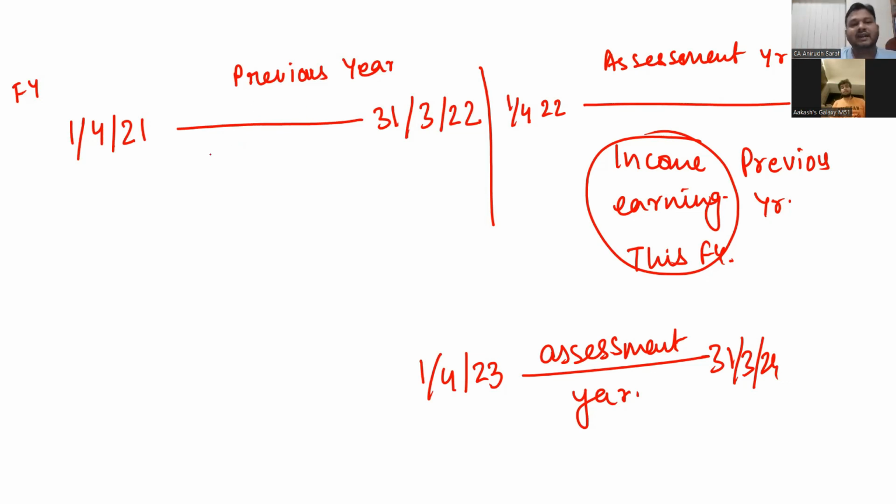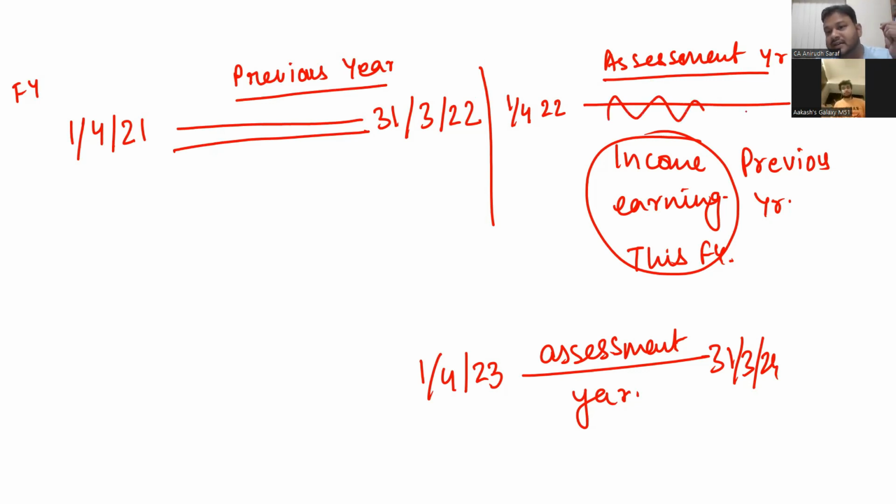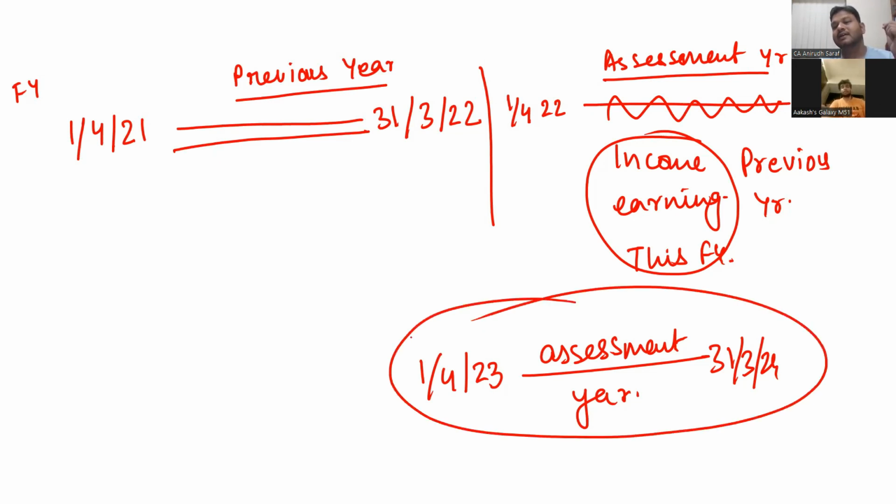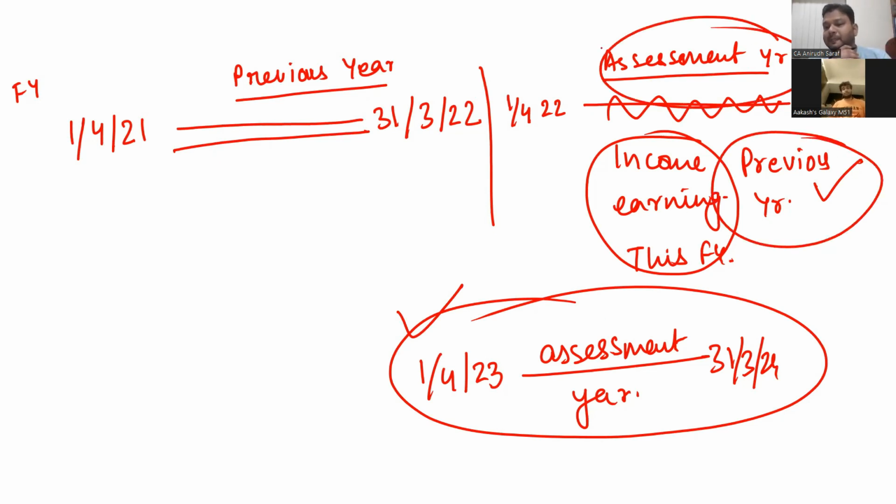So for whatever income you are earning over here, this is the previous year and the next is the assessment year. You're also earning some income in 23 to 24, and for that income, this will be the assessment year and this will be the previous year.